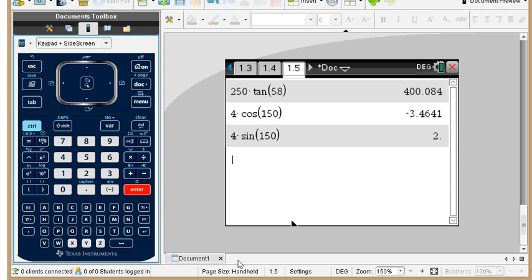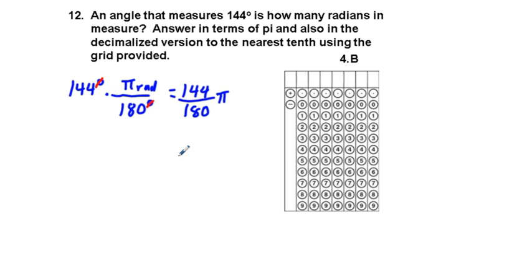And so in our calculator, we can find the simplified version of 144 over 180, and we get 4/5. So our answer for this is going to be 4 pi over 5, and the units are going to be radians.